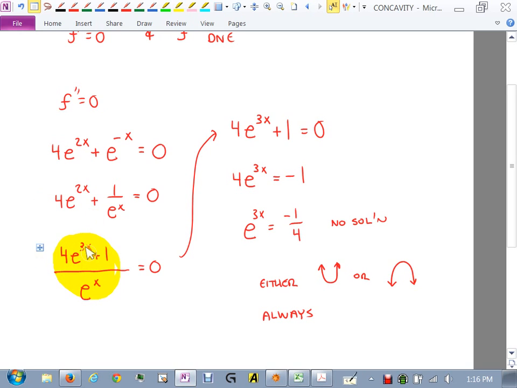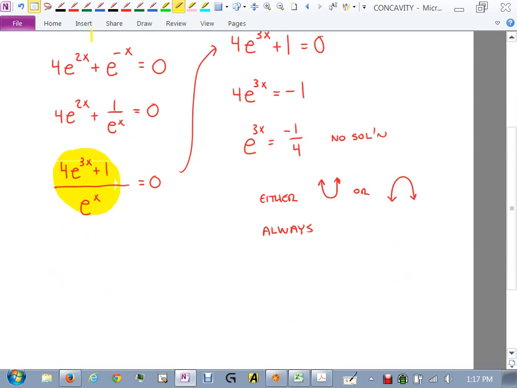4e to the 3x, that's always a positive number, isn't it? I add 1 to it, still positive. Divide it by e to the x, and e to the x is always positive. This is always positive, isn't it? So the second derivative is always positive. But this is always greater than 0.